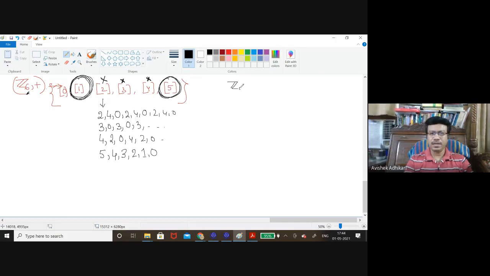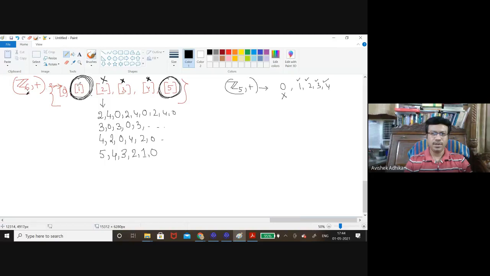So here it's quite unusual, unlike the last case. In my last case, 0 was not a generator, but 1, 2, 3, and 4, all of them were generators. But here something mysterious is happening. In Z6, 1 and 5 are the only generators.